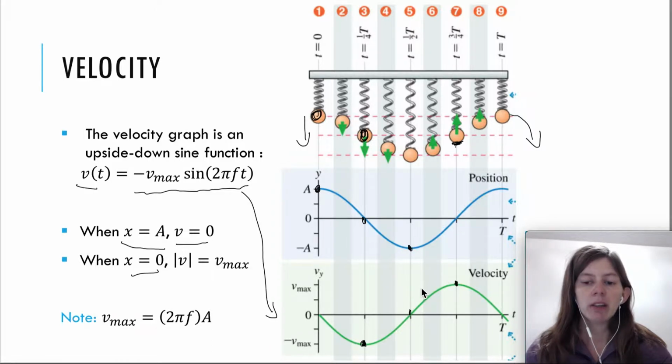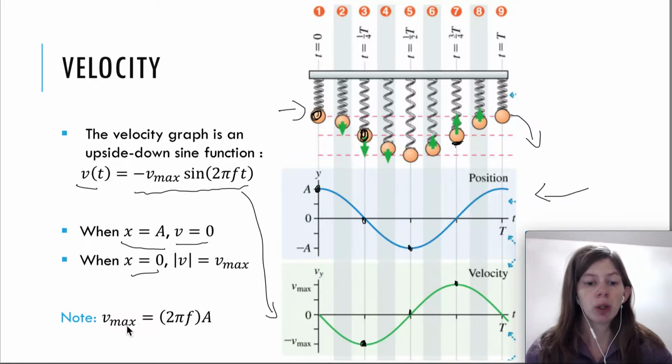So it's good to be able to understand these graphs. The only graph that we're going to be analyzing in this class is this position versus time graph. So this graph here is just showing you what this function looks like, and it's helping you see that, okay, when my object is at the maximum amplitude here, this graph doesn't tell me that v is equal to 0, but this one does.